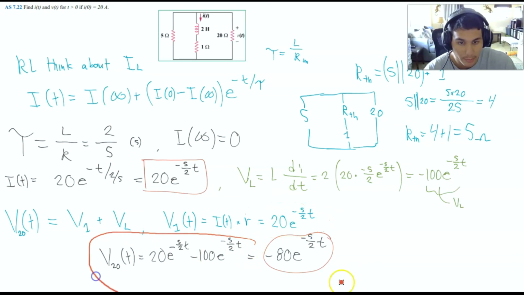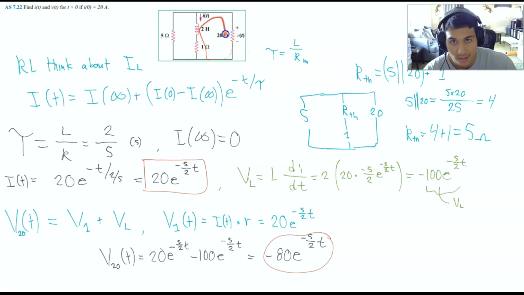And when we add them, we get this answer. Okay, so again, it's the idea that here's this little network right here. We analyze the voltage across this 1 ohm resistor, we analyze VL here, and that should be equal to this voltage right here, right? That's the idea, that's the concept.